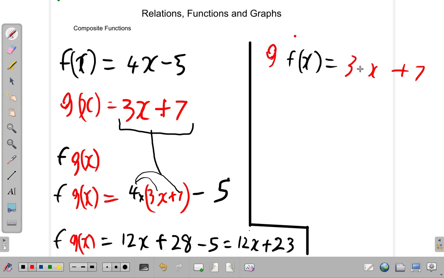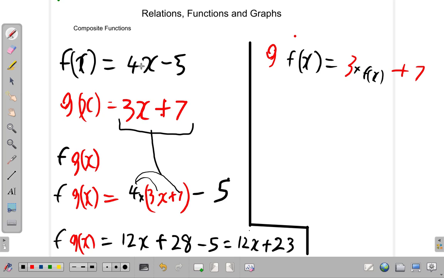However, this is not g of x. It is g of f of x. So what we have here is 3x is going to become 3 times f of x. But let's go into more detail.